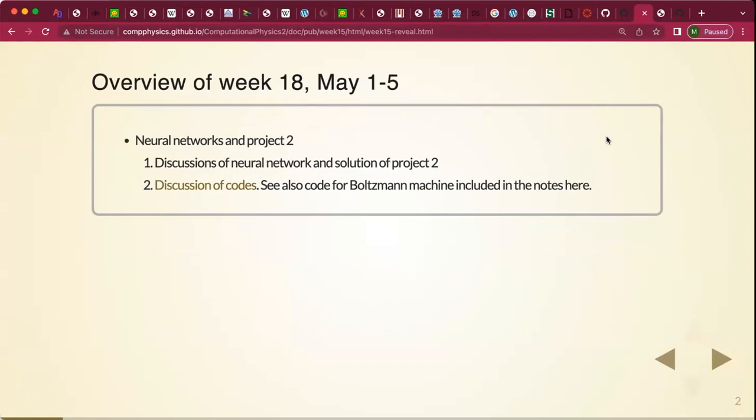So what I wanted to bring up today, after we had these discussions about Boltzmann machines, is how you could actually set up a neural network. And I will also link this up with discussion of codes, which you can find on the website of the course, the GitHub address.